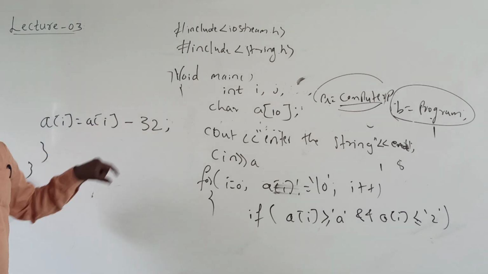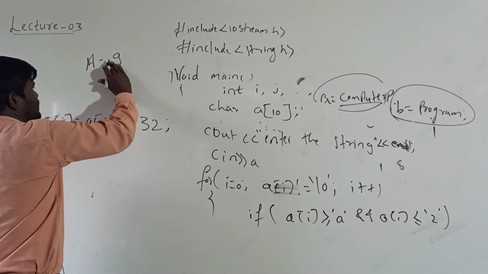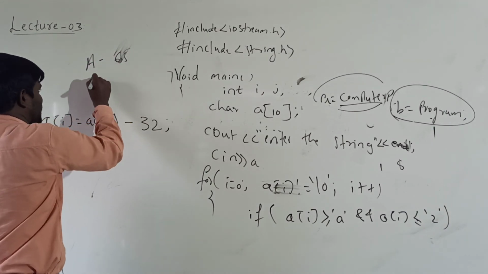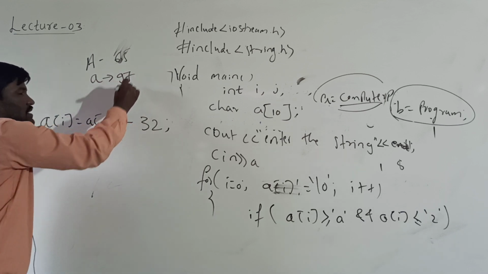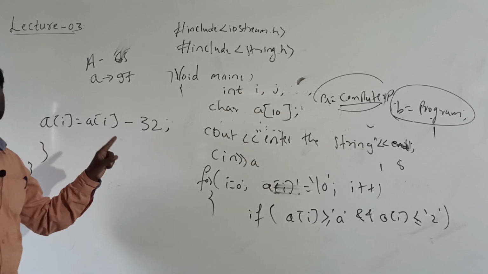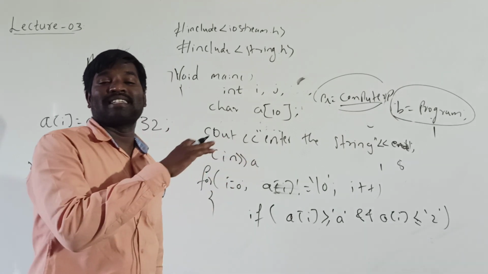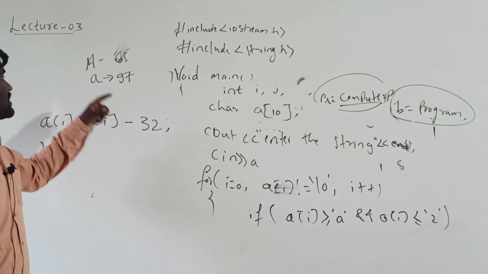So why we have to write the 32 is, the ASCII value of capital A is 65 and the ASCII value of small a is 97. The difference of these two is 32. In the same way, capital B to small b, capital C to small c, and for the remaining alphabets, the difference is 32.